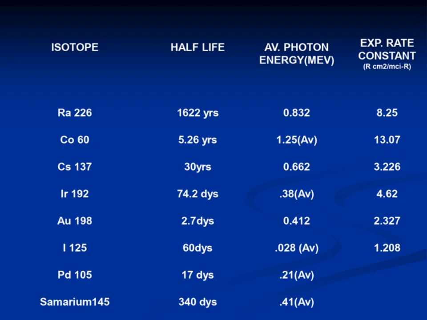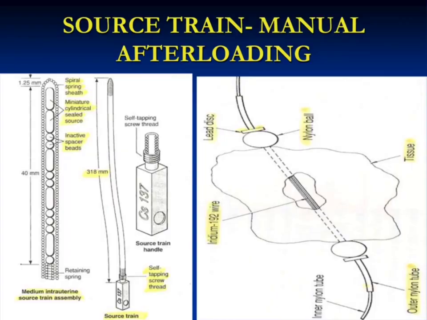Regarding isotopes, I will not go into the details, but you must know the average energies. Radium, as I told you, has a very long half-life, 1622 years, with average photon energy of 0.832 mega electron volts.